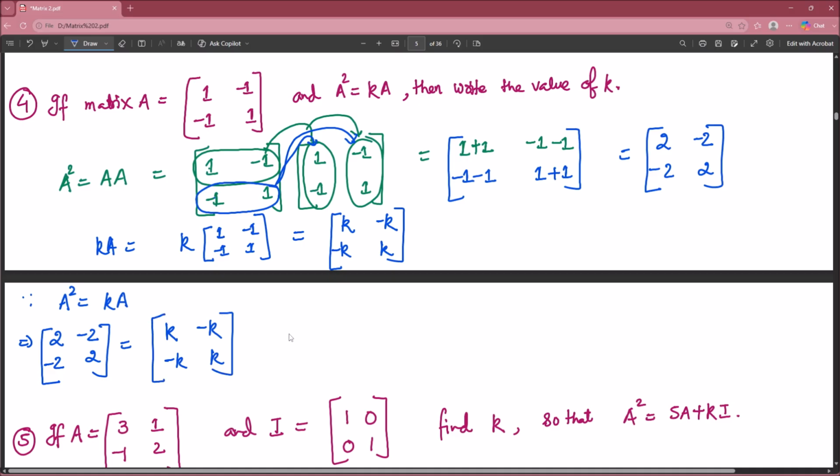Now, as we know that if we take 2 out, 2 is common in all the elements: 2, minus 2, minus 2, 2.